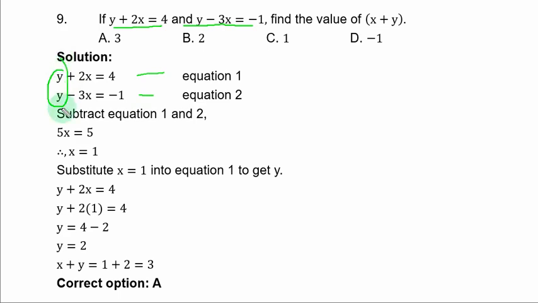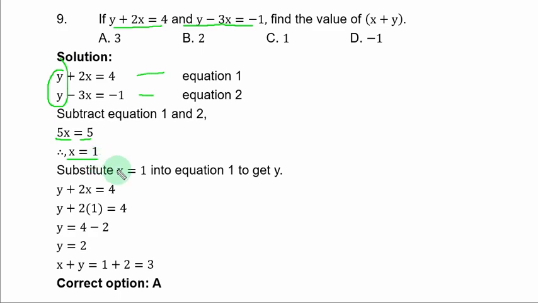So y minus y is 0. 2s minus minus 3s, that is 2s plus 3s. You have 5s equal to 4 minus minus 1. Because you are subtracting, you have 5. Divide through by 5, s is equal to 1.